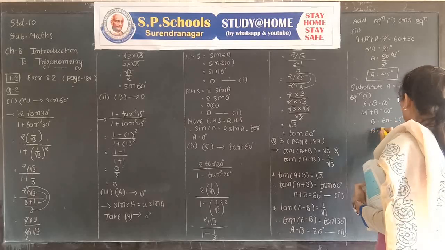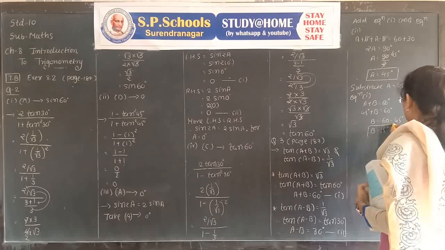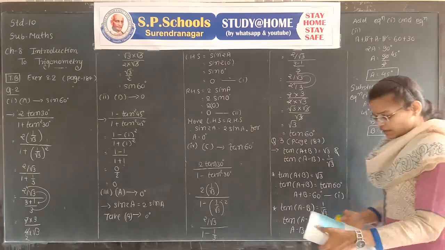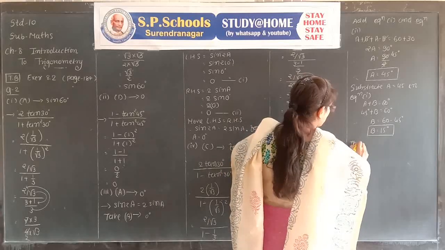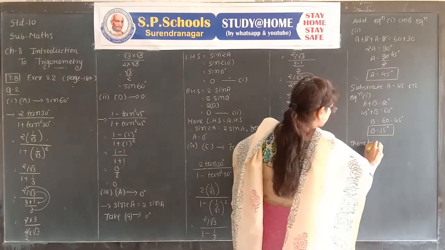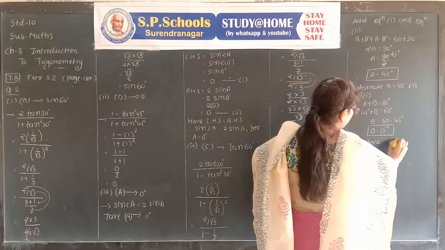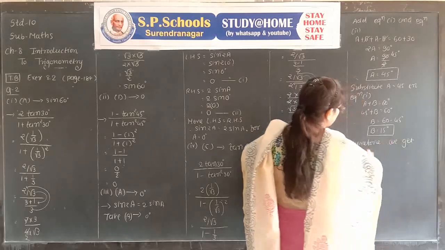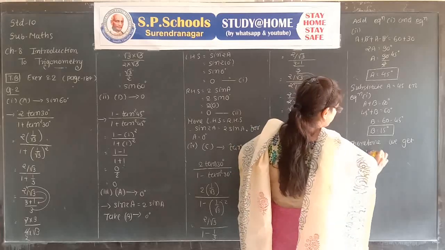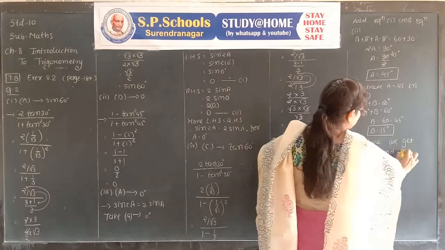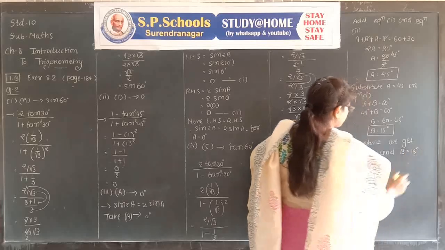Therefore, b is equal to 15 degree. And we get angle A as 45 and B as 15. Therefore, A is equal to 45 degree and B is equal to 15 degree.